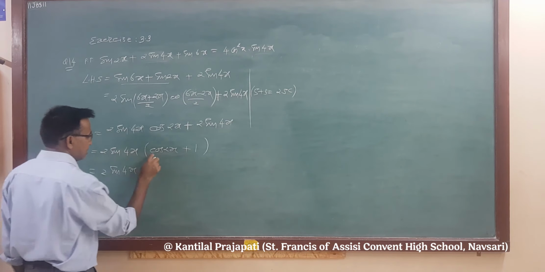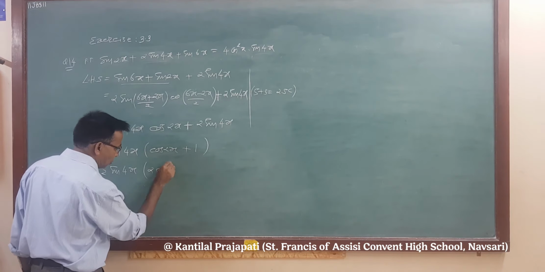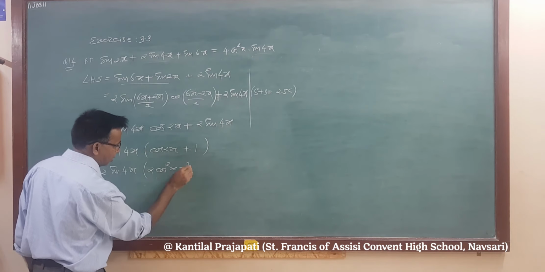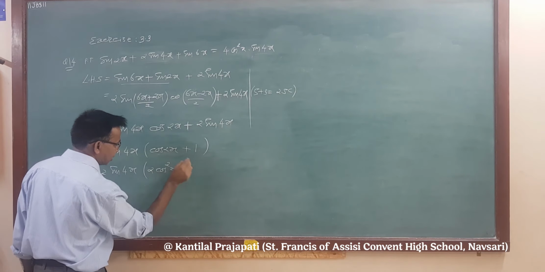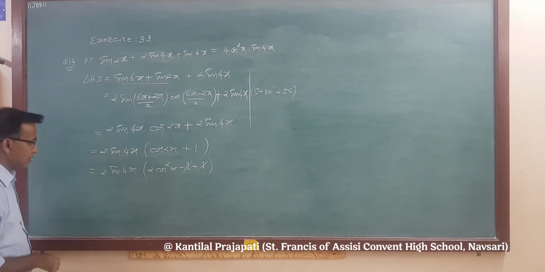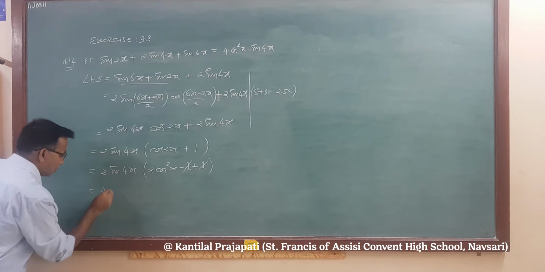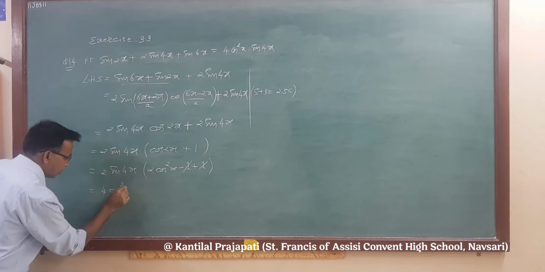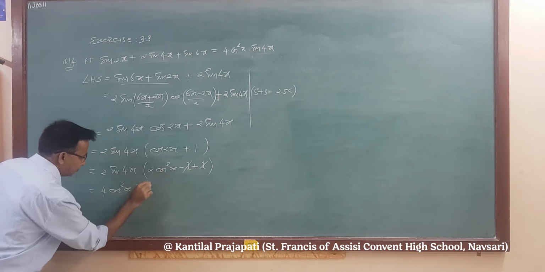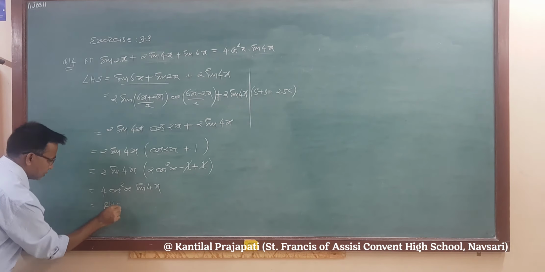If you forget this, then we write cos 2x in terms of cos x only: 2 cos square x minus 1. The formula of cos 2x plus 1. The 1 cancels. And now we remain with 2 into 2 cos square x, that is 4 cos square x into sin 4x. And this is equal to RHS.